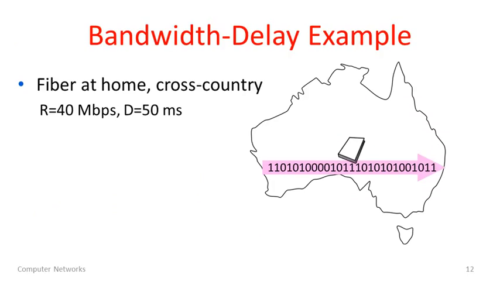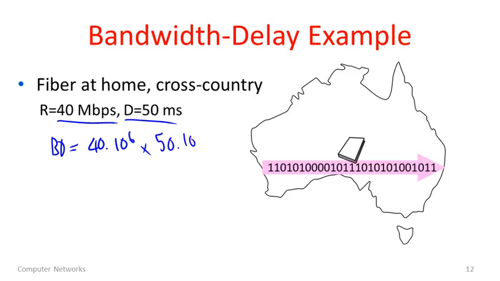Here we're going to look at sending data across Australia, it looks like from Perth to Sydney. So I'll assume here that the rate is 40 megabits per second. So you've got a good, maybe fiber connection from your ISP and you're at home. And the delay for signals to propagate across that link is 50 milliseconds for across country. So let's see, the bandwidth delay product is equal to 40 times 10 to the 6 times 50 milliseconds.